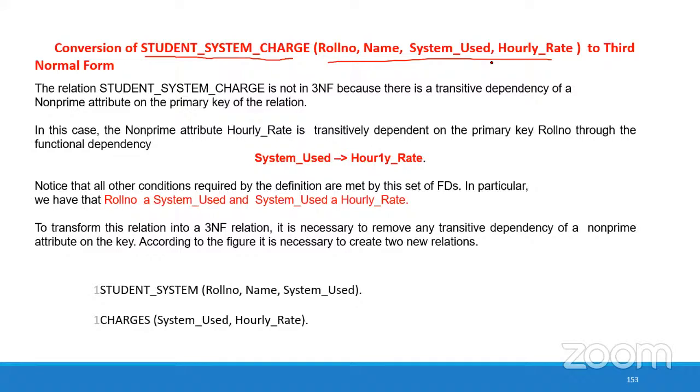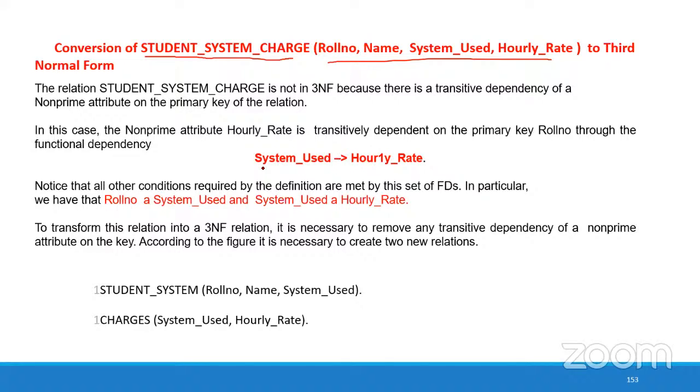First you find the prime attribute or candidate key, which is suitable for uniqueness of data to retrieve all the rows of data. In this case the non-prime attribute hourly rate is transitively dependent on the primary key roll number, through the functional dependency.